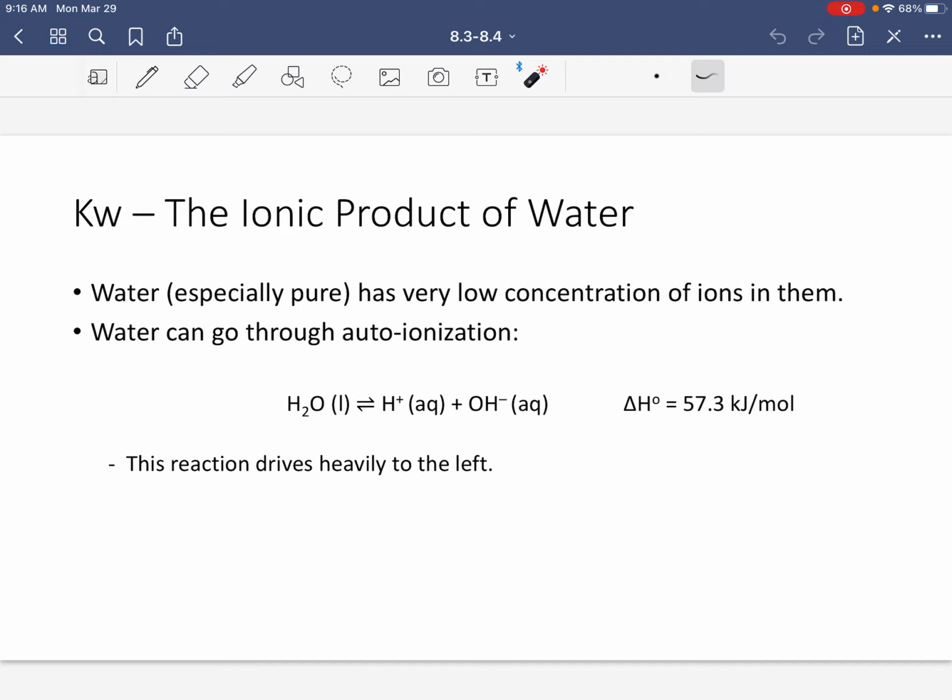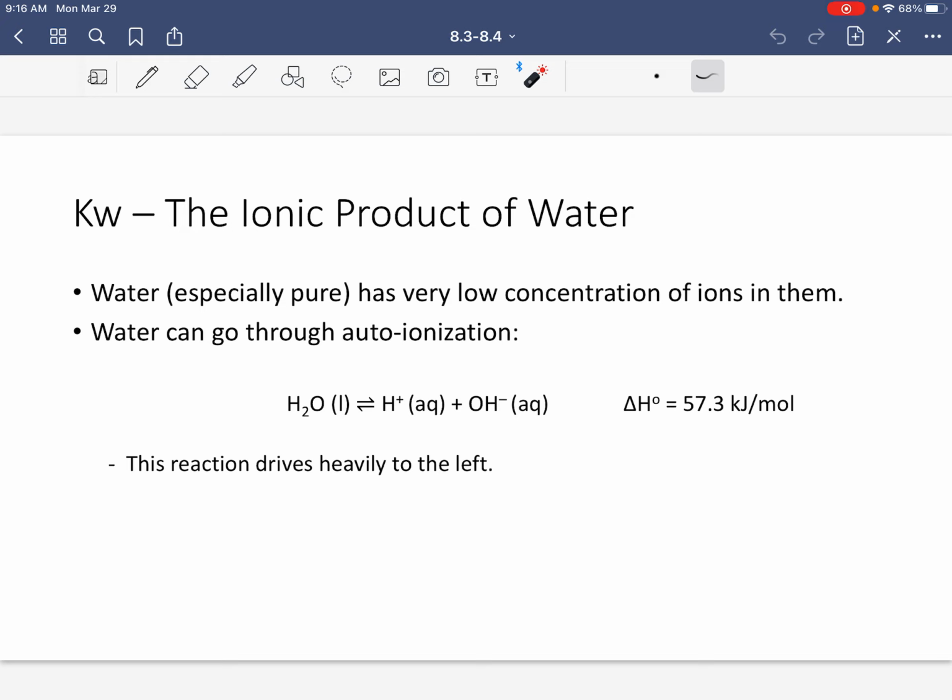Water can go through something known as autoionization, where it dissociates into H+ and OH-, and the concentration of these two will be equal, because it only makes sense that they do. This reaction is actually an endothermic reaction.